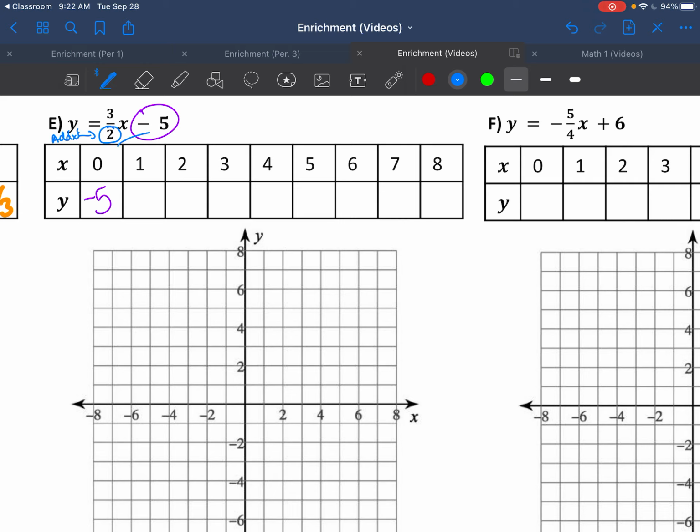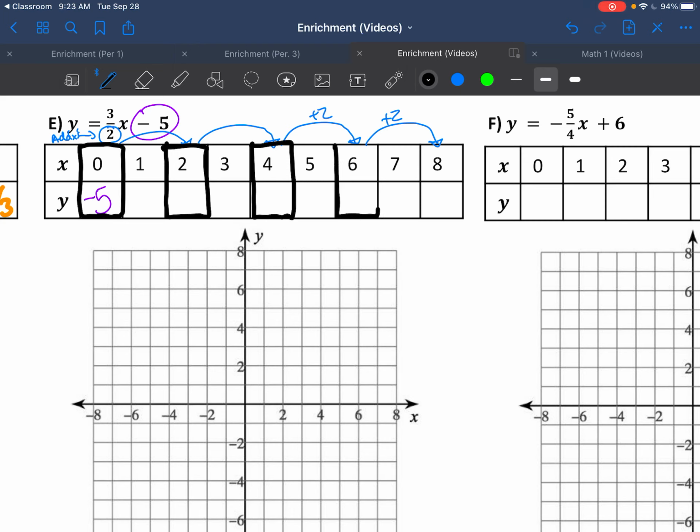That means we're going to go from 0 to 2, 2 to 4, 4 to 6, 6 to 8. All of these we're adding by 2, and you want to start with your x's first. I'm going to box in the numbers that I'm going to be using only, so I don't get confused and make a mistake, okay?